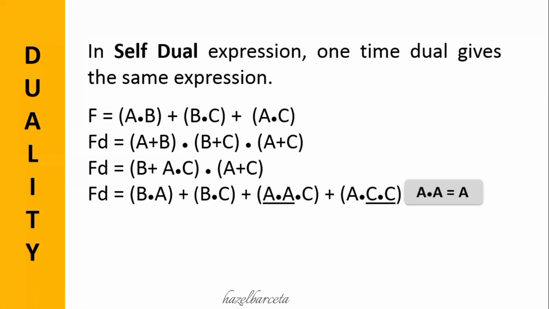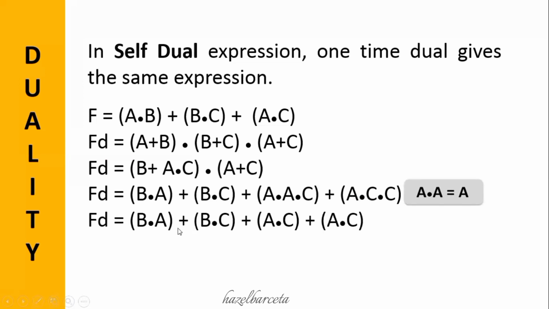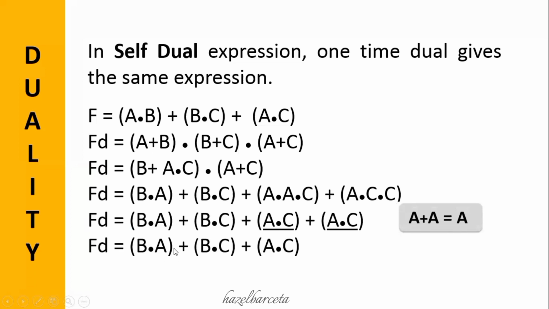A times A is equal to A. Therefore, magiging po itong AC na lang at AC din. So, pareho na po silang AC. And we also have this law, AC, A times C plus A times C. So, that A times C be equal to A, we will have A plus A, which is equal to A. So, ito po ay magiging AC na lang. We write B times A, copy. Naging AC na lang po itong dalawa dahil po sa law na ito.